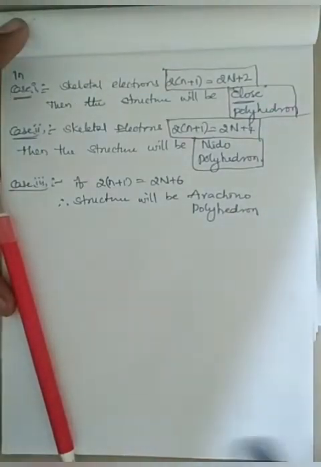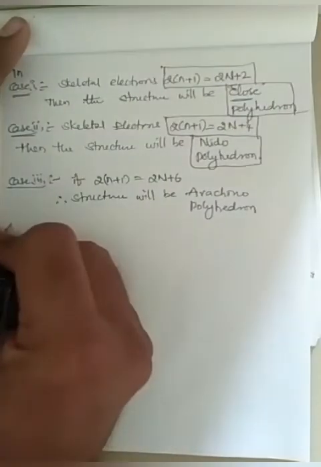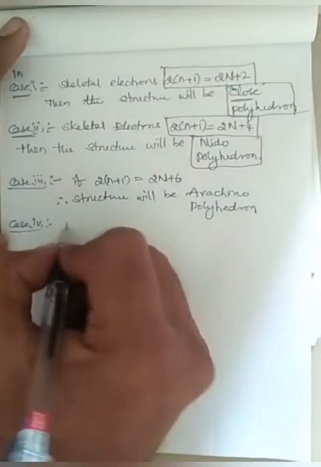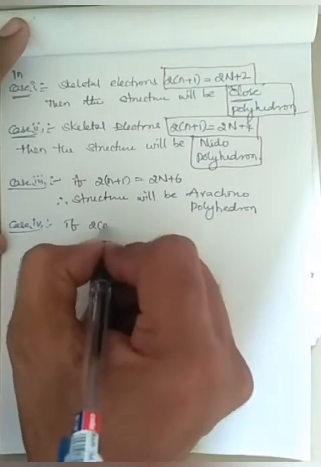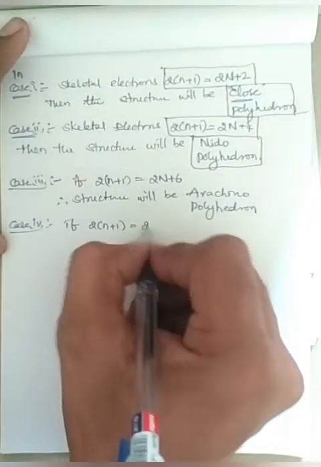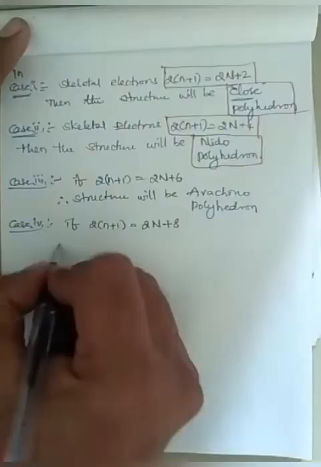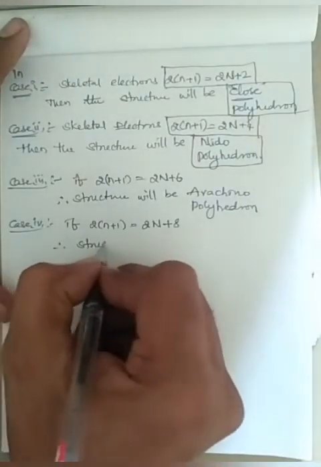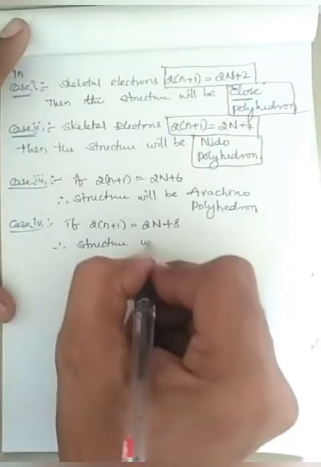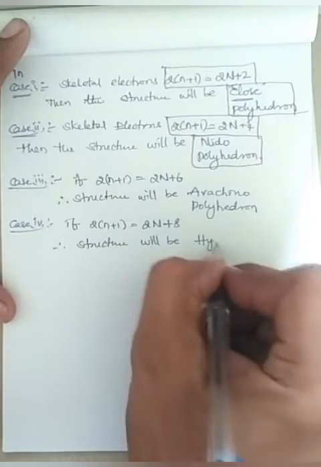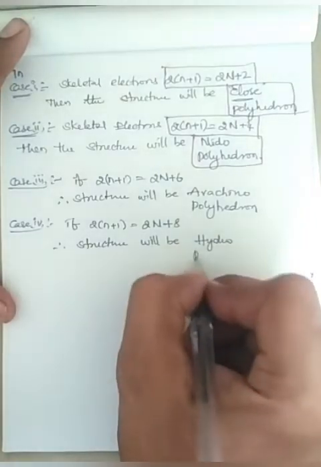Arachno polyhedron. In case 4, if the skeletal electrons 2 into n plus 1 is equal to 2 into number of metals plus 8, therefore the structure will be hypho polyhedron.